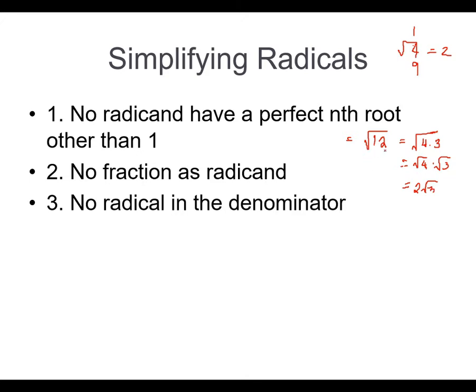So ang simplify ng square root of 12 is 2 square root of 3. So ang condition, no radicand have perfect nth root other than 1. So si radicand 3, wala nang perfect nth root other than 1. So nakasimplify na siya.